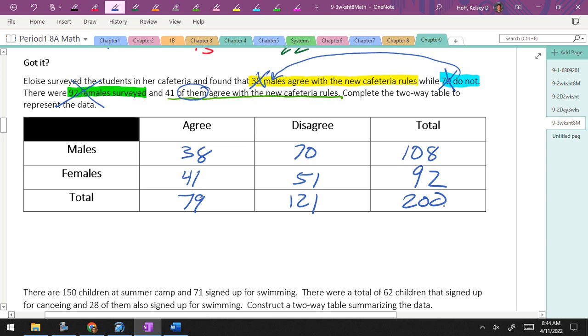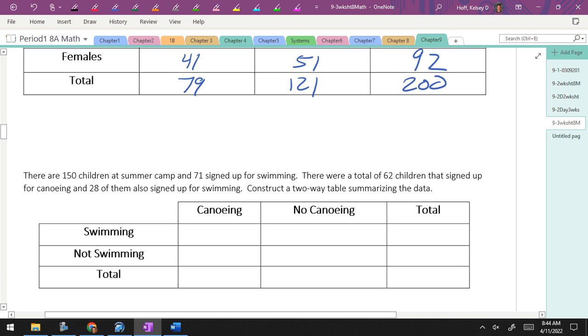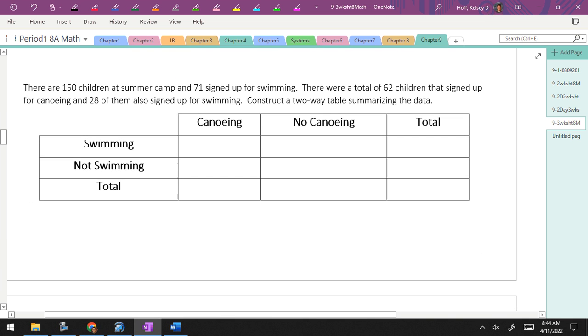This one you guys are much better with. We actually are going to skip the swimming. Oh, no, just kidding. We're not going to skip this. Put those four numbers in. Try to read it on your own and put those four numbers in.